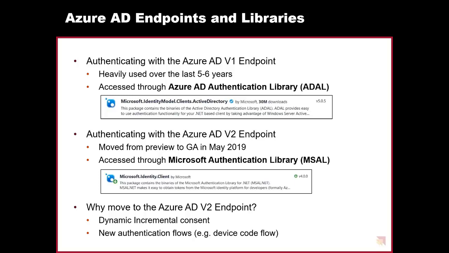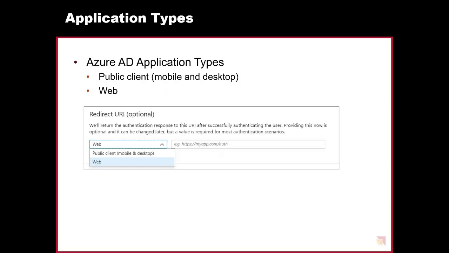Okay. There's also a new authentication flow in the Azure V2 endpoint called device code flow that we're going to look at. And then also the Azure V2 endpoint is what supports personal accounts. So the V1 endpoint only supports organizational accounts. And those are the 3 main differences that make the V2 endpoint better. Okay.